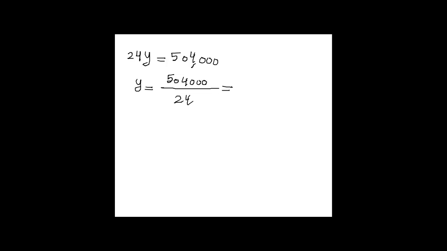Then that would give you 21,000. Okay, let me see if everybody is okay with this. Looks like some of you have a question. Okay, so y is equal to 21,000. Let me stop right here.